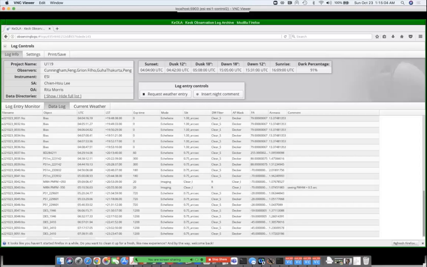These are the members of the science team up here. Feng is Yuting's last name. GuhaThakurta is my last name. The others, Eric Peng, it's listed in alphabetical order by last name. Cunningham is Emily Cunningham. She's a postdoc at Columbia University in New York City.